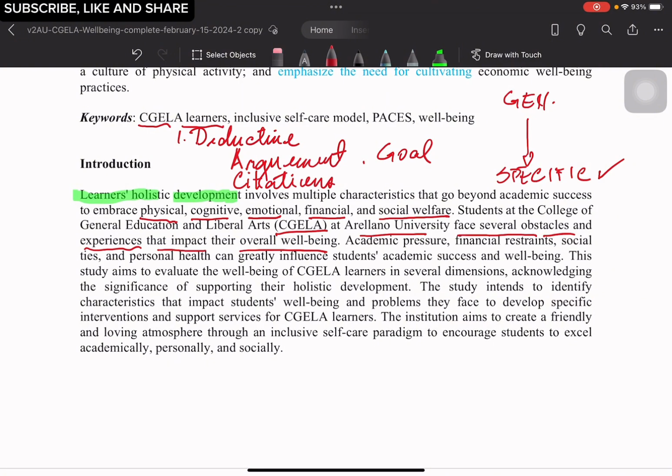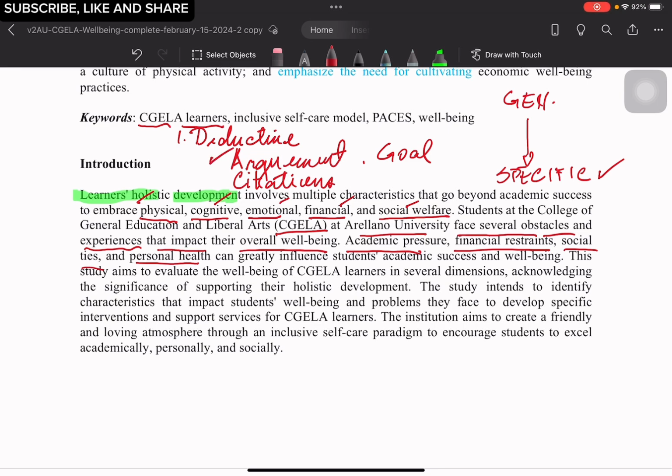These experiences include academic pressure, financial restraints, social ties, personal health, which are again related to the domains that were mentioned earlier. So this already presents an argument that learners' holistic development is significant and important, and there should be a study wherein the status of the holistic development of the students of CGELA should be evaluated and assessed.